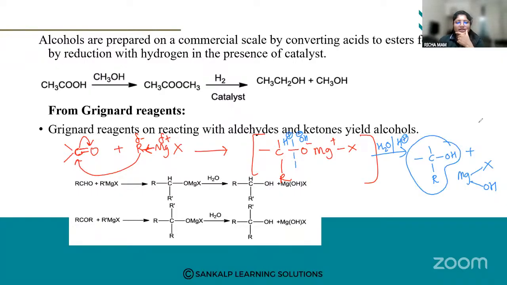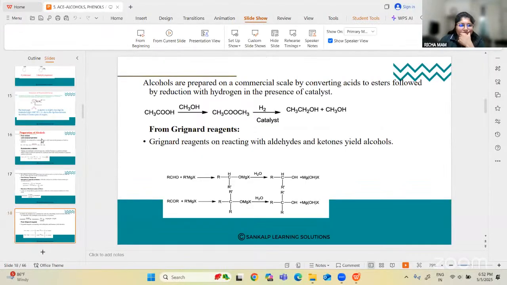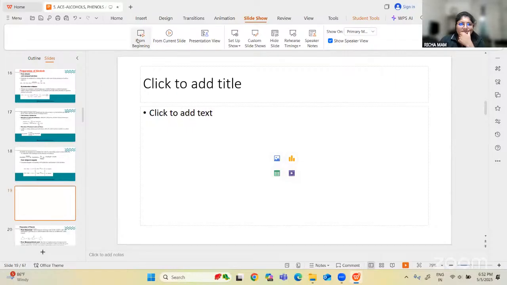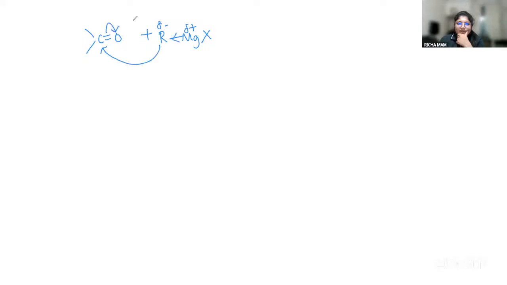Let us take the examples, students. Here this is the Grignard reagent, RMgX. This is partial positive, this is partial negative, so it will polarize the carbonyl.